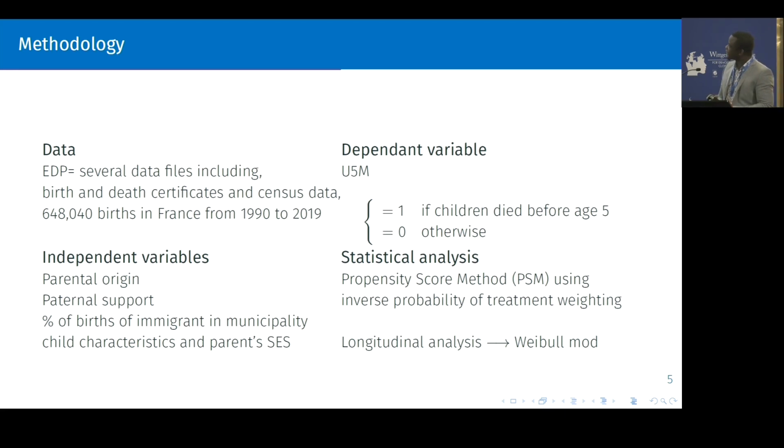We create groups of immigrants, such as sub-Saharan African immigrant, North African immigrant, Eastern Europe, other countries of Europe, Asian, and other groups.